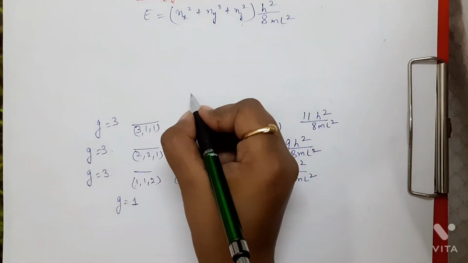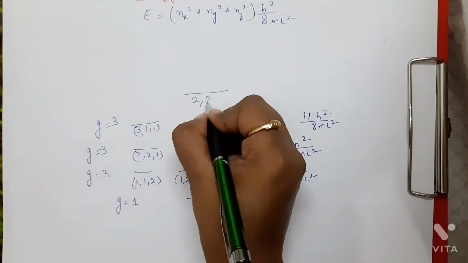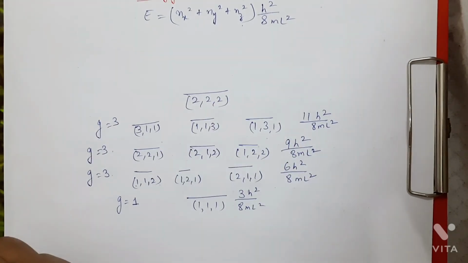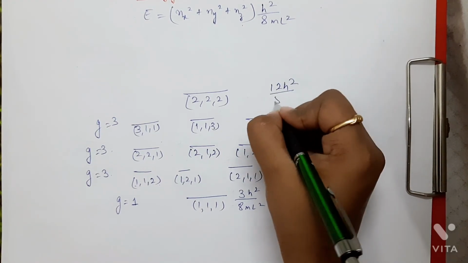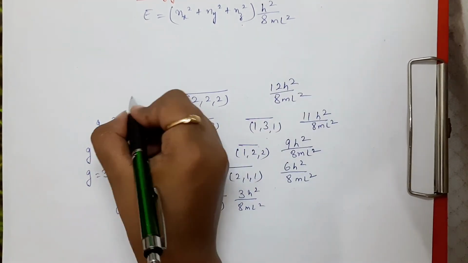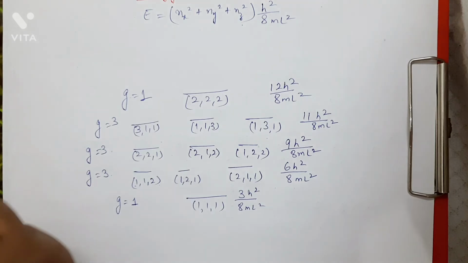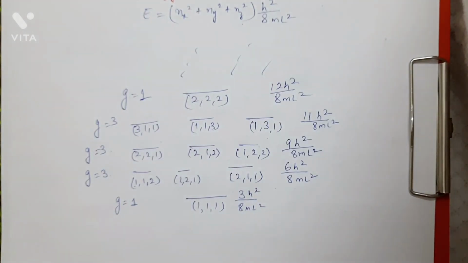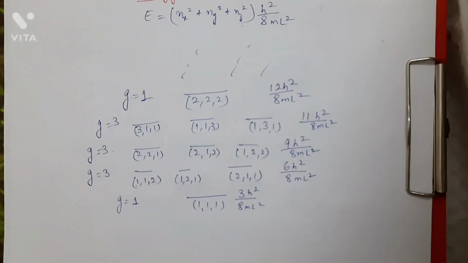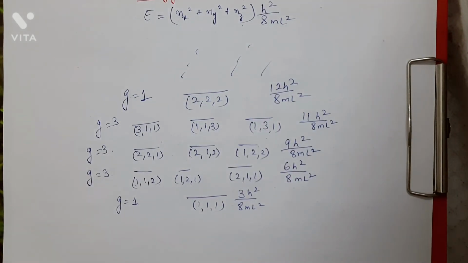After this we can put the values of nx, ny, nz equal to 2, 2 and 2. So we will get 12h square by 8ml square. Degeneracy is equal to 1. Similarly you can put the values for higher energy levels also, and you can find the degeneracy at each level also. So with this, particle in a 3D box is over, right?